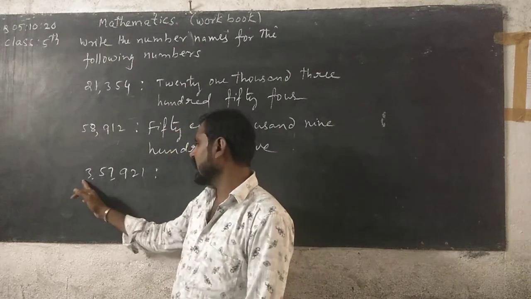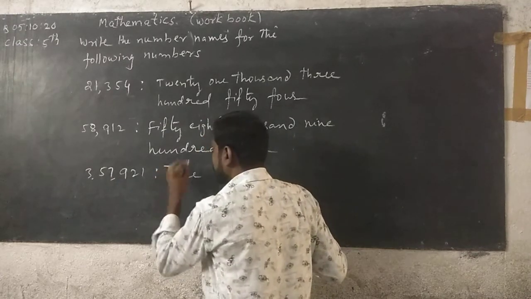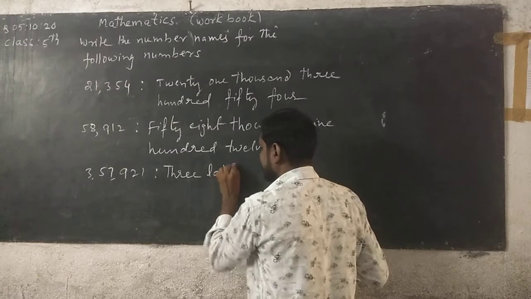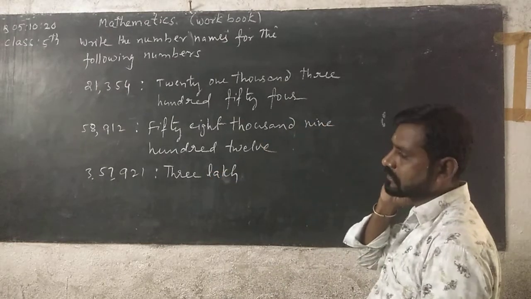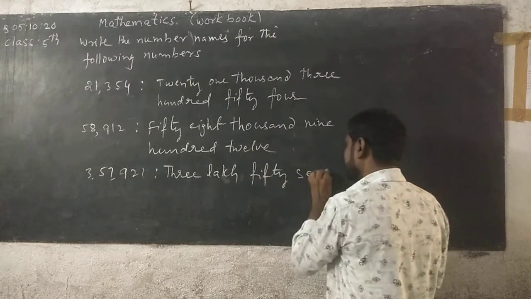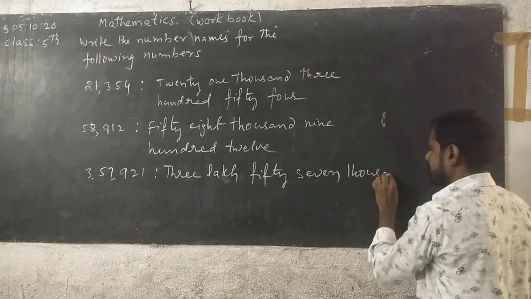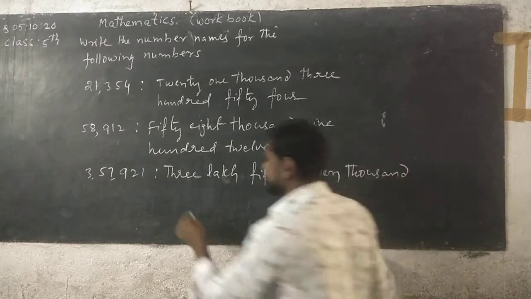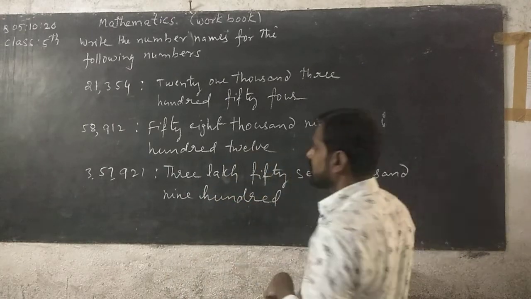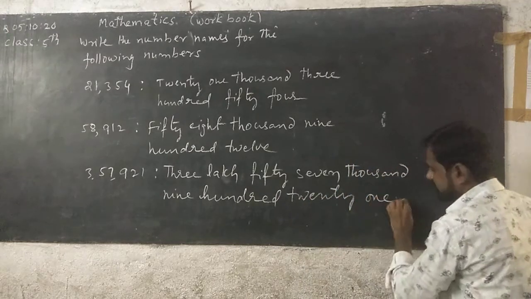So you can write 3,57,921, that is 3 lakh 57 thousand 921.